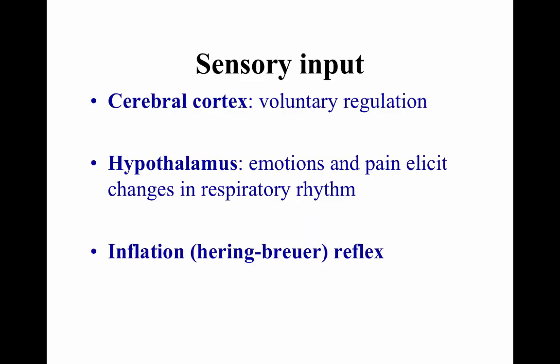Sensory input from the respiratory system arrives in the cerebral cortex and allows for voluntary regulation of the system. The hypothalamus is in charge of receiving sensory input related to emotions and pain, which elicit changes in respiratory rhythm like we would expect to see within a fight or flight reflex.